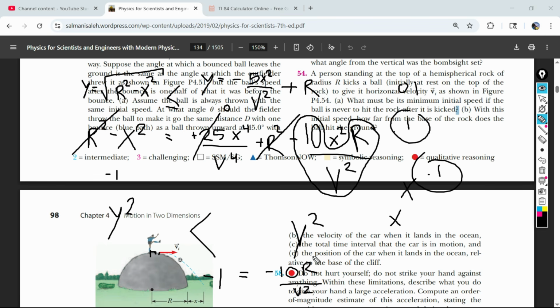But yeah, I found that we're going to get an answer that's going to be satisfying to me, and it's going to be that 0.707. Heck yeah, square root 2 divided by 2. So the negatives cancel. We're going to get the v squared upstairs, and then we're going to take the square root. So v is equal to the square root of 10r.